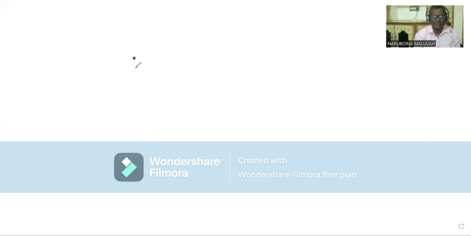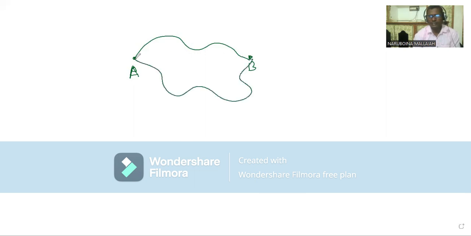Suppose there is a point A, and here there is a point B. I have to reach B from the point A. I have three ways. One is in this direction, this is path 1.